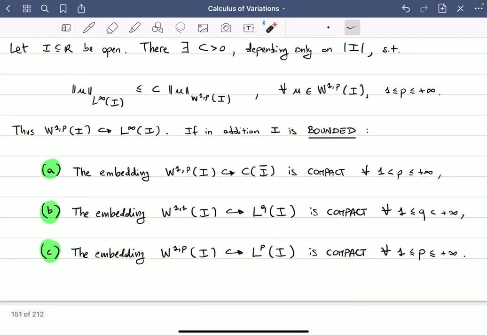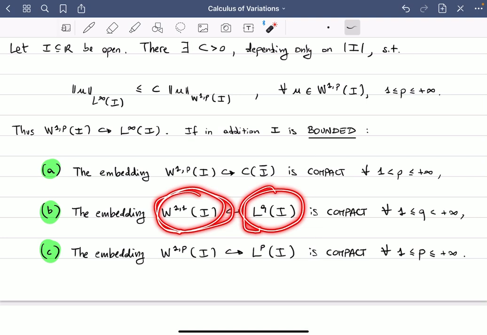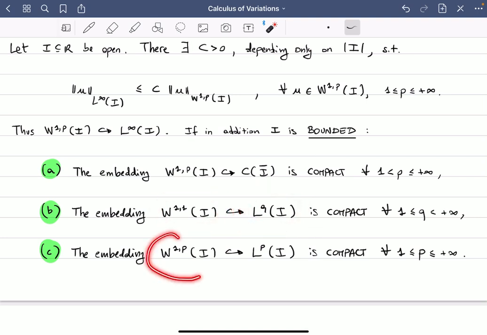So for example, for this embedding, if you take a sequence which is converging weakly here, then it's also converging uniformly, always for the properties of compact operators. And same here. Weak convergence in W11 implies strong convergence in LQ. And this is the one of the corollary. So weak convergence in W1P implies strong convergence in LP.